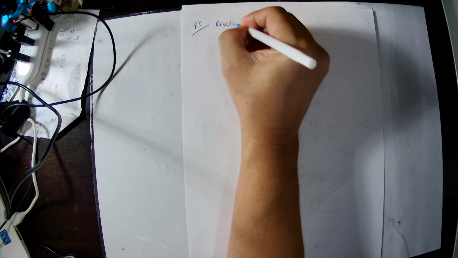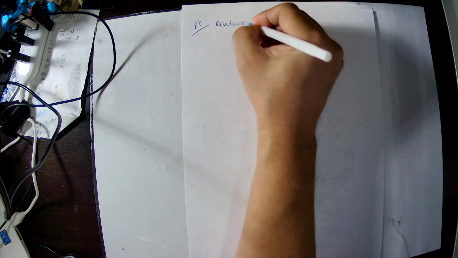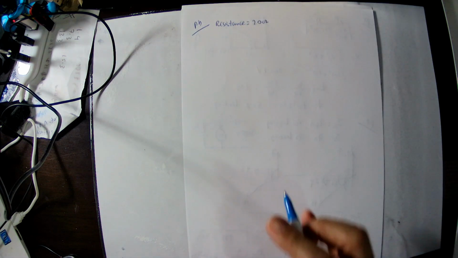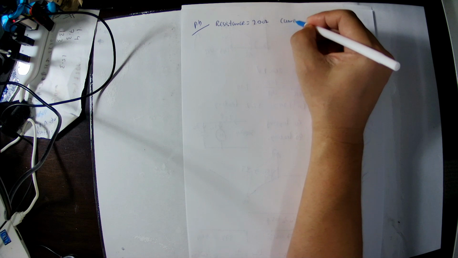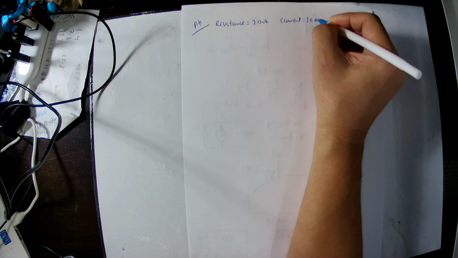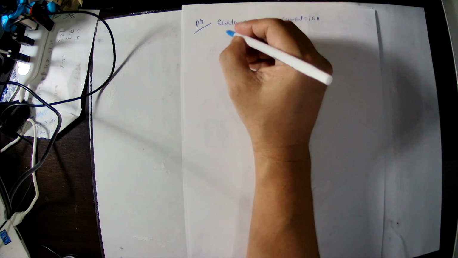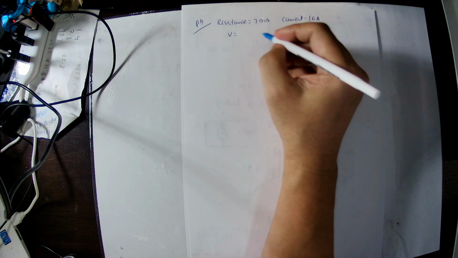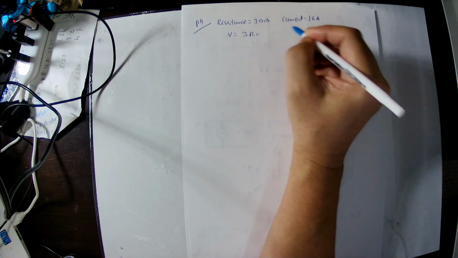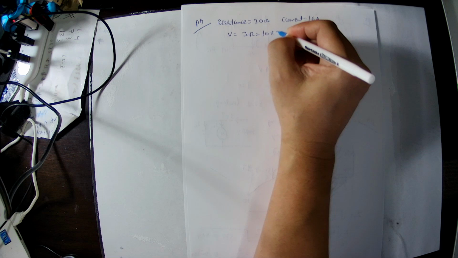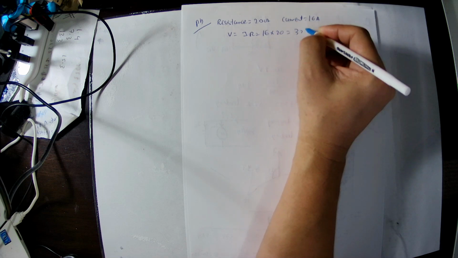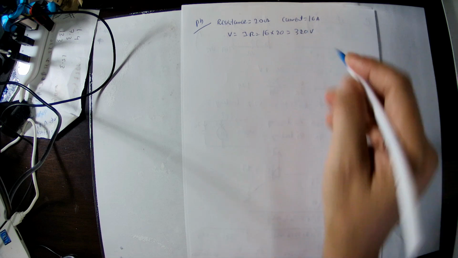So we have to calculate the voltage. Voltage can be calculated as I multiplied by R. So I is 16, R is 20, so you get 320 volt. Voltage is 320 volt.